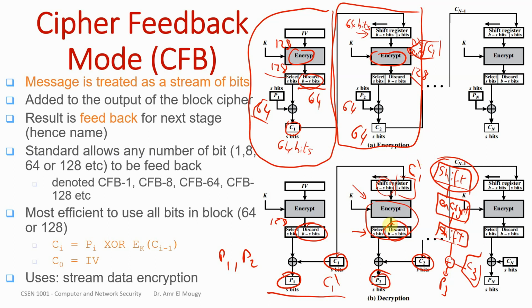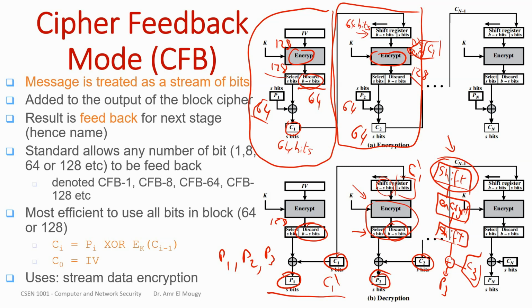So the result of the encryption now will not be identical to the one that you used in the encryption process. And these same discarded bits, you will use them in stage 3. And so the input to stage 3 will not be identical to the input that was used in encryption, and so P3 will also most likely be different from the one that was used in the encryption.